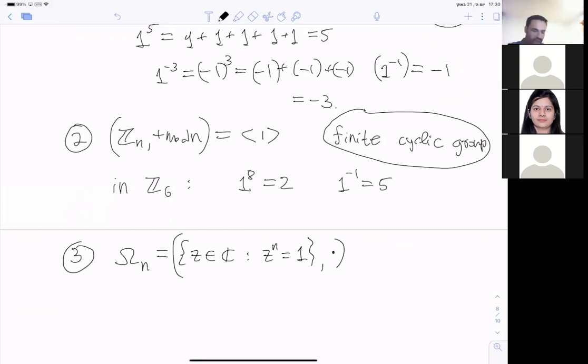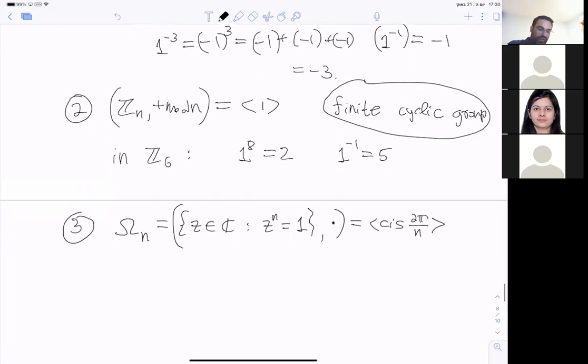If you remember from your studying, this also can be generated by one generator, which is cis. So this is another cyclic group.